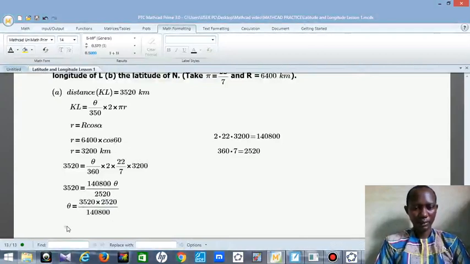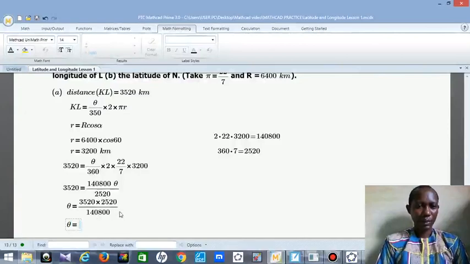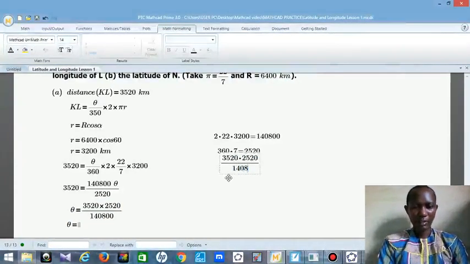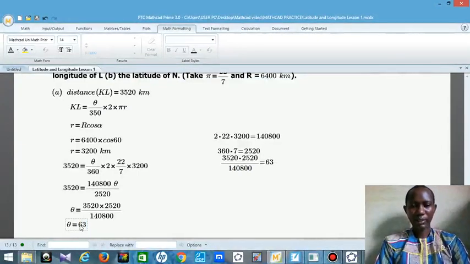So let's simplify this and see our final. 3,520 times 2,520 divided by 140,800. So we got 63. You can see our answer is 63 degrees.